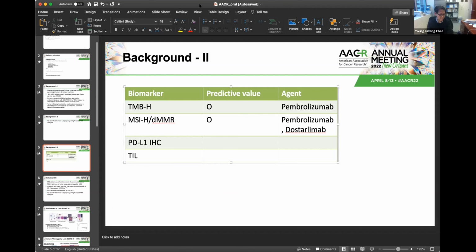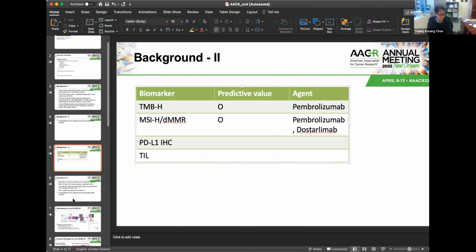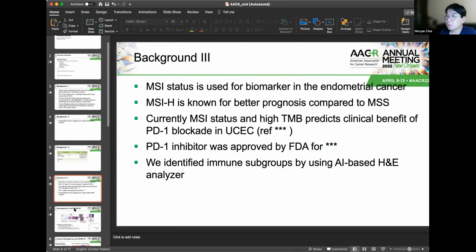Next. Yeah, this is just the slide that I mean. PD-L1 inhibitor is approved for so many things now, so you have to write that. You could say in endometrial cancer, lenvatinib plus pembrolizumab is approved. So immunotherapy is being utilized in endometrial cancer.